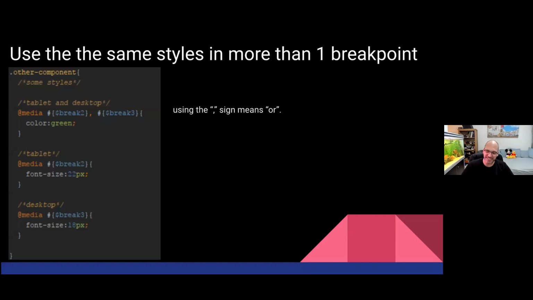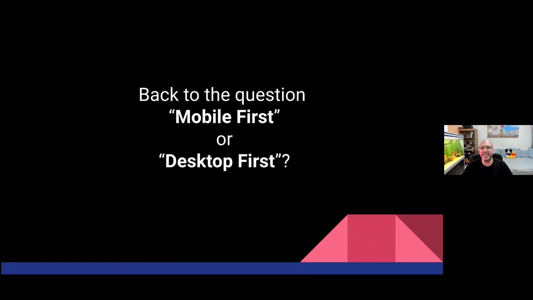Very interesting. And now let's go back to the question. Which methodology is better? We have the mobile first methodology and we have the desktop first methodology. But first you need to understand exactly what these both methodologies are saying. The mobile first methodology is saying that the mobile styles we need to write without any media rules.